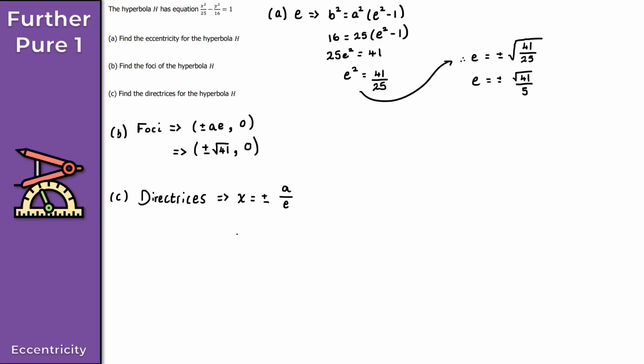So in that case, what we get here is x equals plus or minus a, which again, as we've already mentioned, is just 5. It's the square root of 25. So I get 5 all over e, which is root 41 over 5. So if we simplified this here, it would just be plus or minus 25 over root 41. So 25 all over root 41 here.